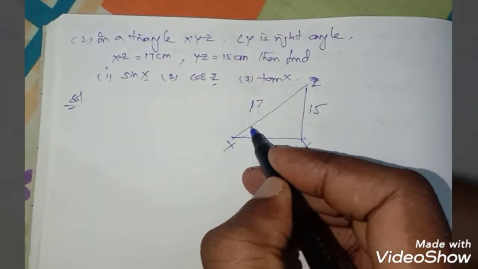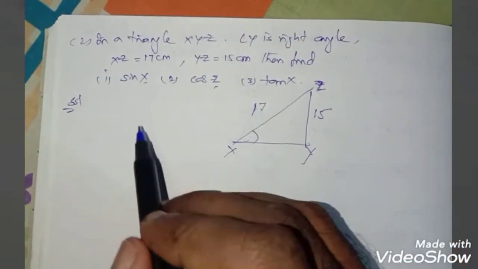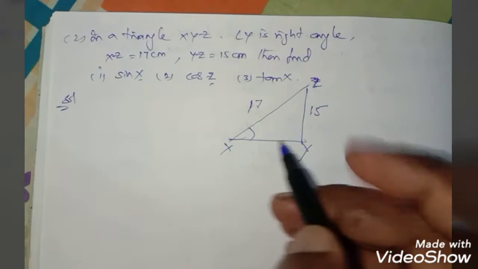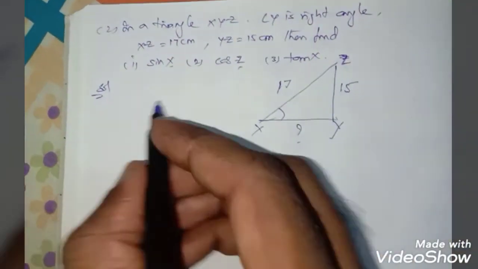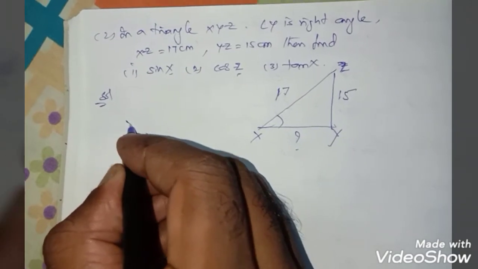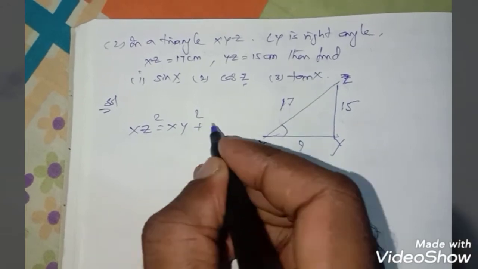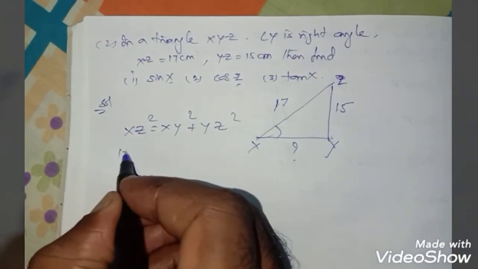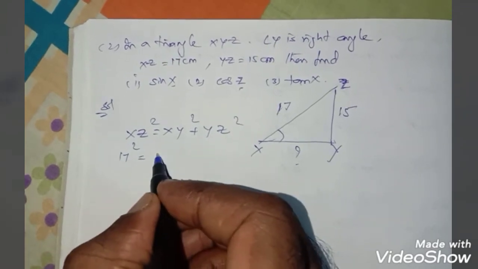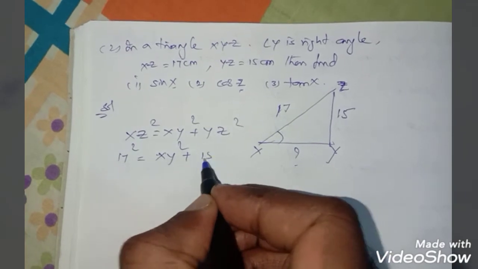Now if I take X as angle, because I need the value of sin X, before starting with the values of sin X or cos Z or tan X, we need what is the adjacent side. One value is missing here. So by using Pythagoras theorem, we can write XZ square is equal to XY square plus YZ square, where XZ is 17 square and XY is not given, so XY square, YZ is given as 15 square.